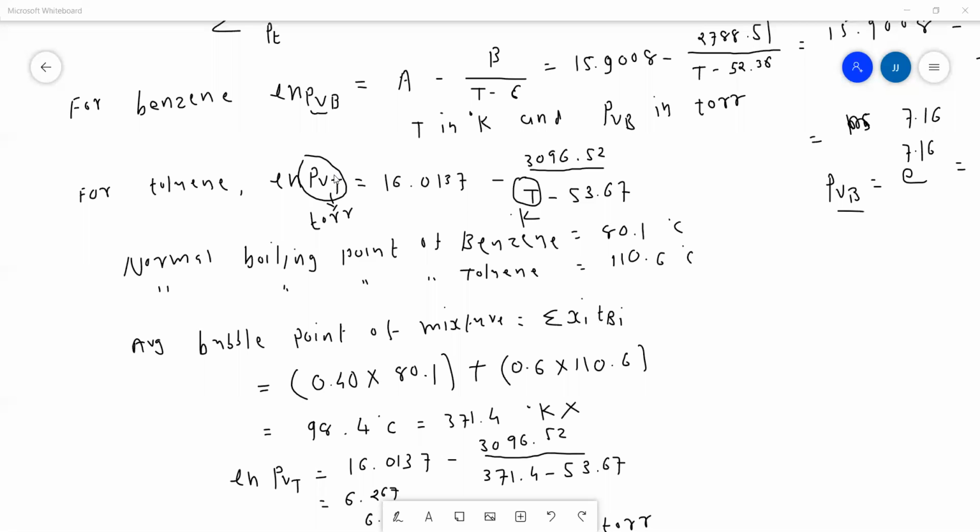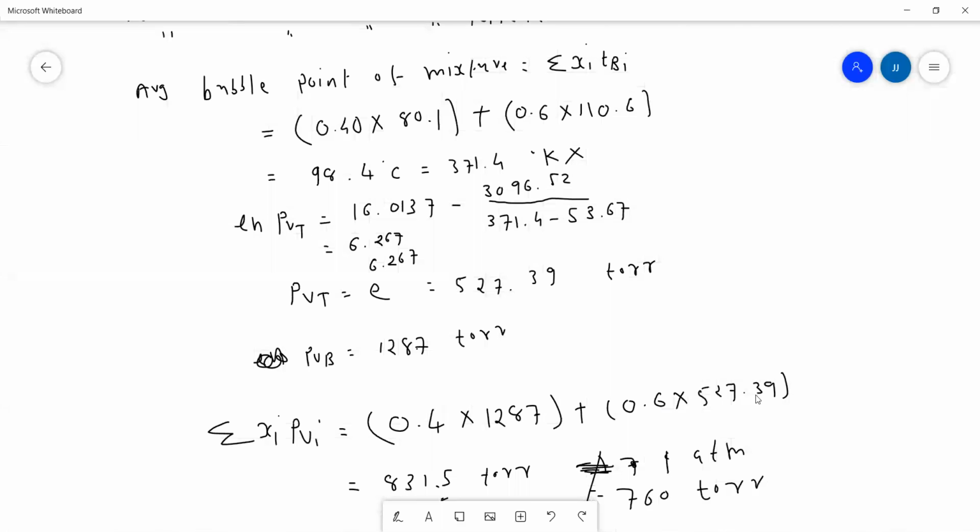Check this condition whether it is satisfied or not.